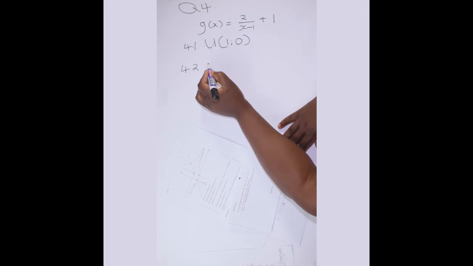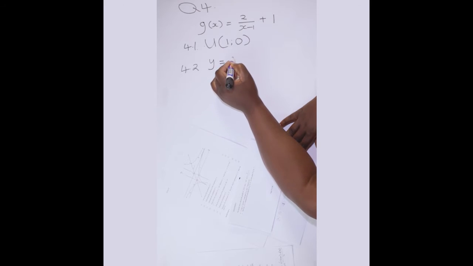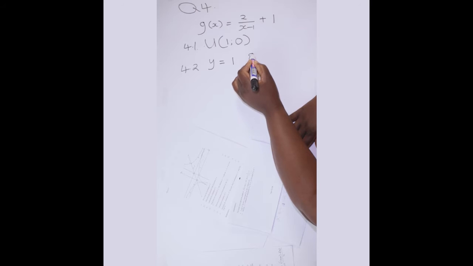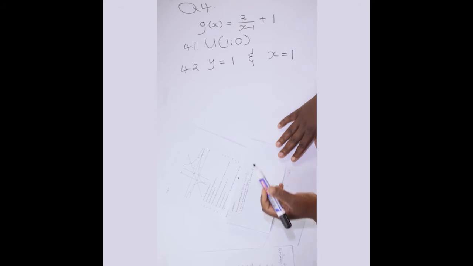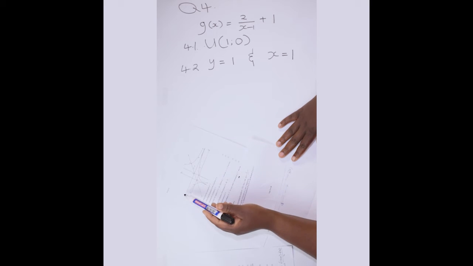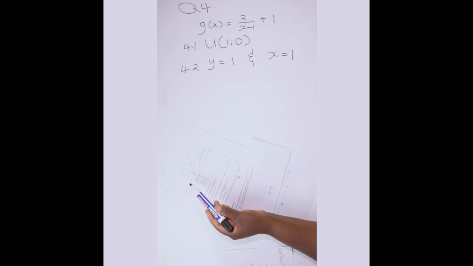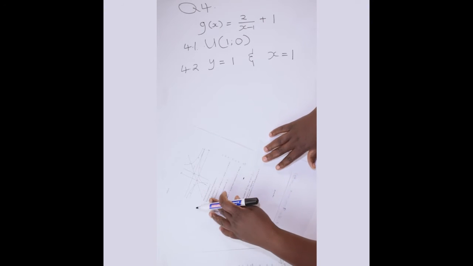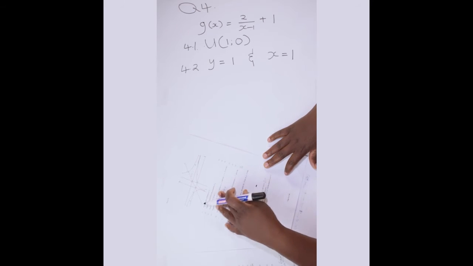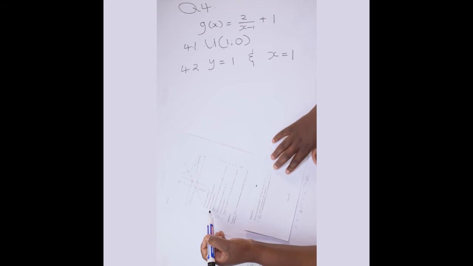In equation form, your asymptotes will be y equals 1, and the other one is x equals 1. Look at this. The y equals 1 is your horizontal asymptote, and the x equals 1 is your vertical asymptote. And you have collected another 2 marks, so it is straightforward and pretty clear to get.